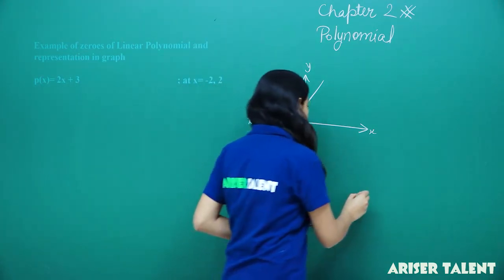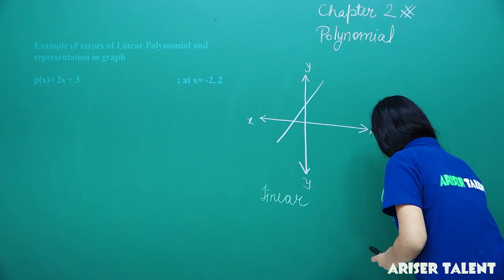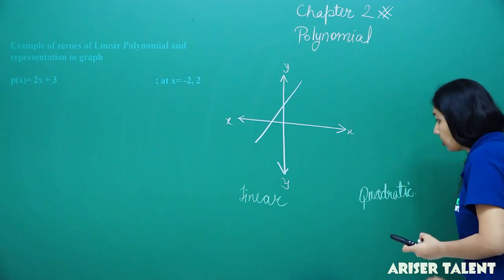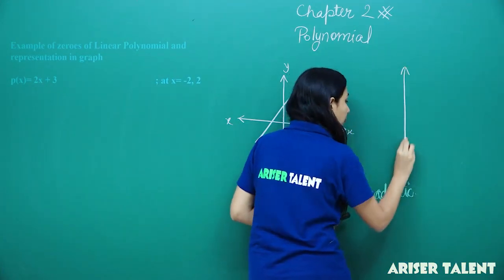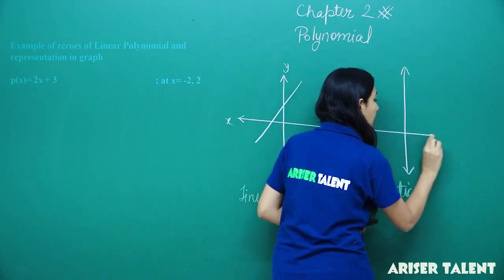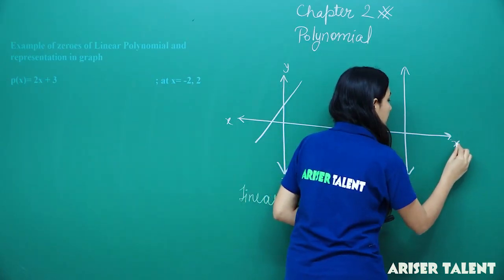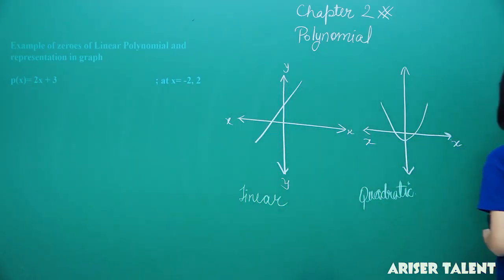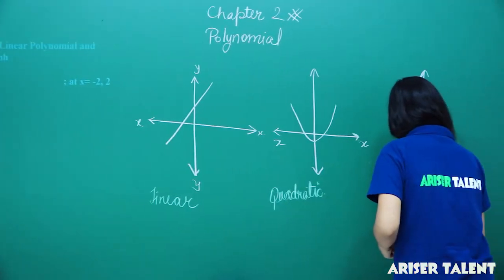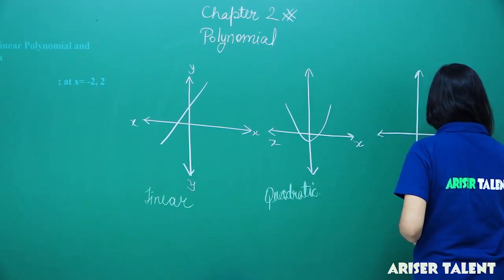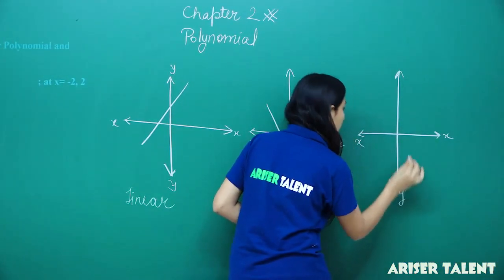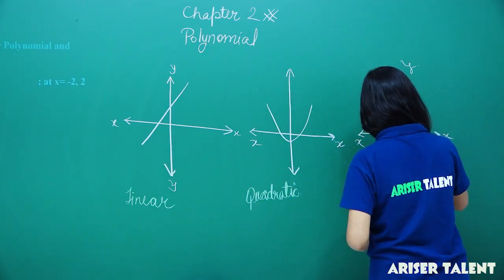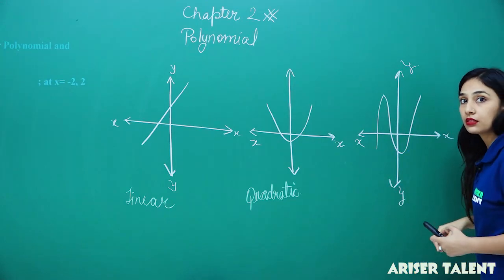Then talking about quadratic polynomial, we were having a graph like this. Talking about cubic polynomial, we were having a graph like this.